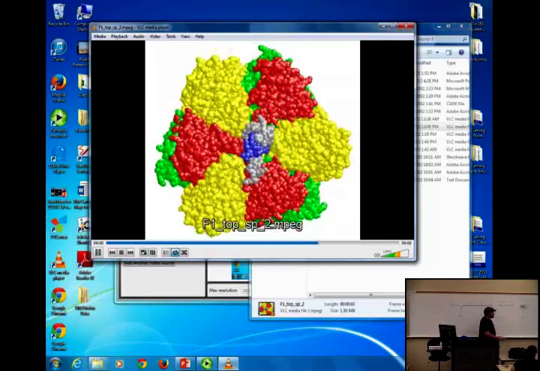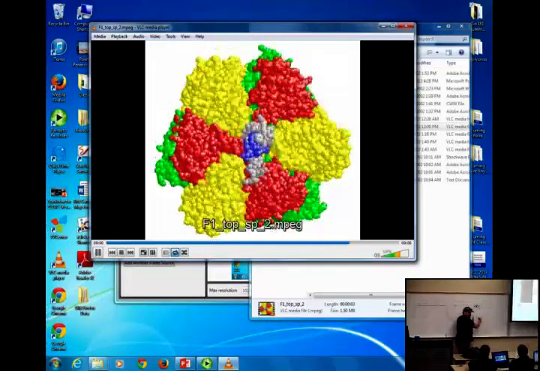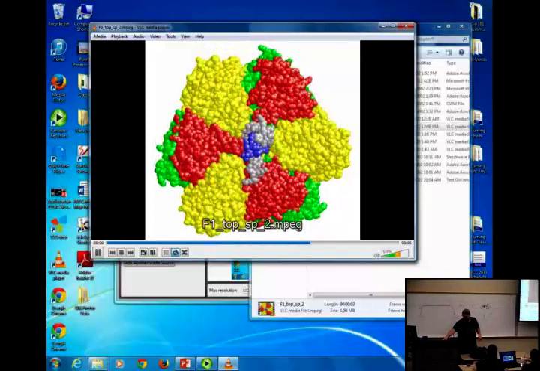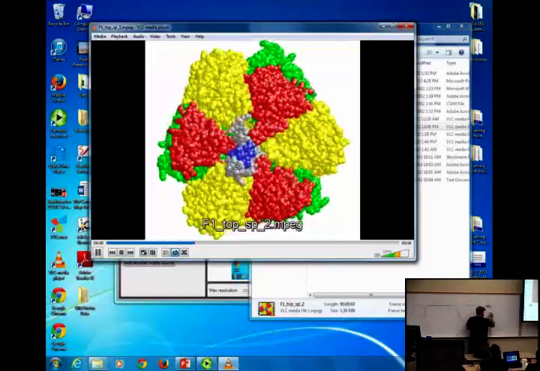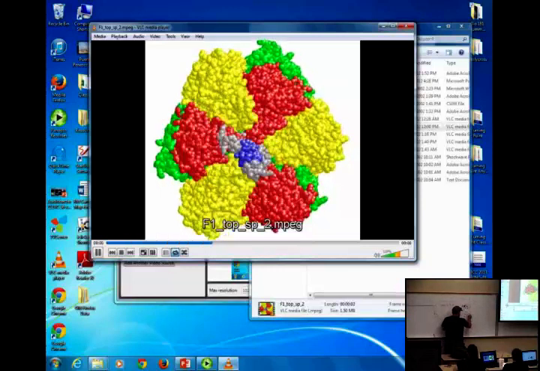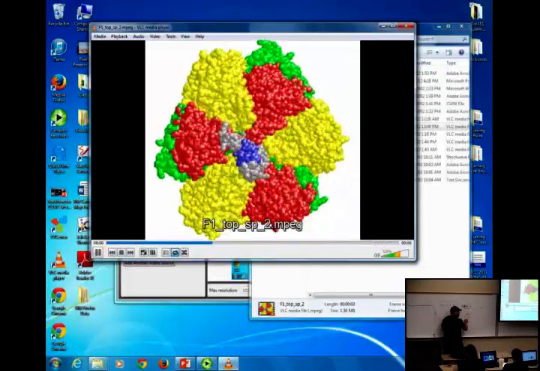Okay, so if you're standing underneath this thing and you're looking up, remember there are subunits in this. So we have the alpha subunit and the beta subunit, and then this is the gamma drive shaft.